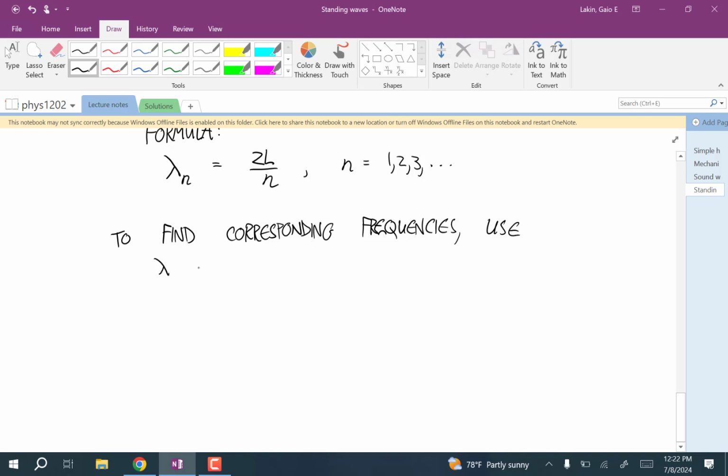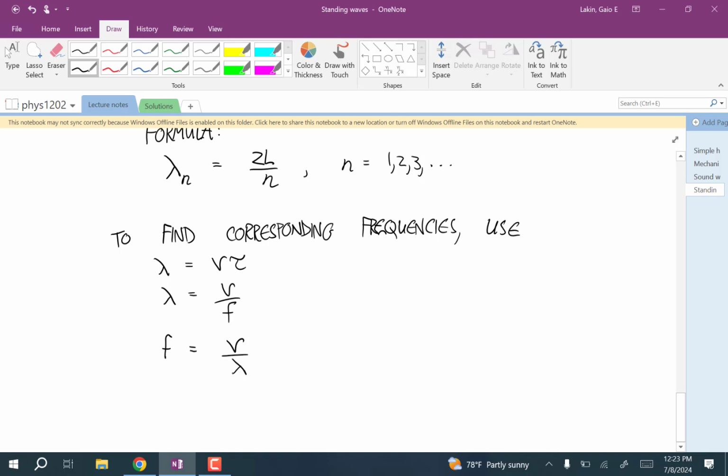So distance is equal to rate times time, and we can write that as wavelength is equal to v over the frequency. Okay, and so now I can rearrange this, and we see that the frequency is equal to the wave speed divided by the wavelength.